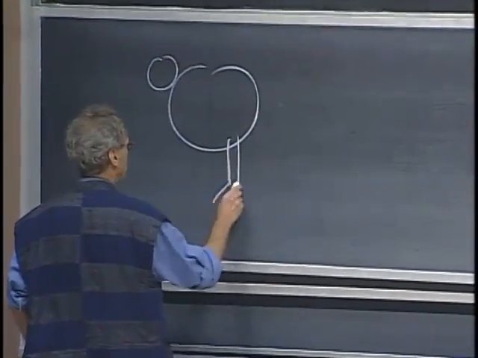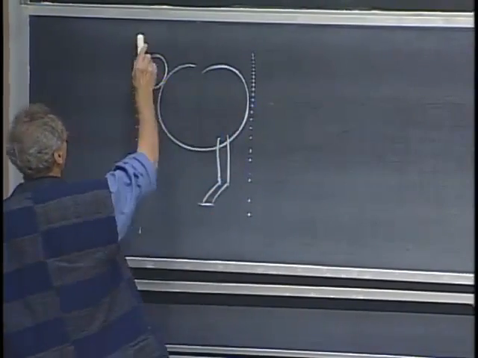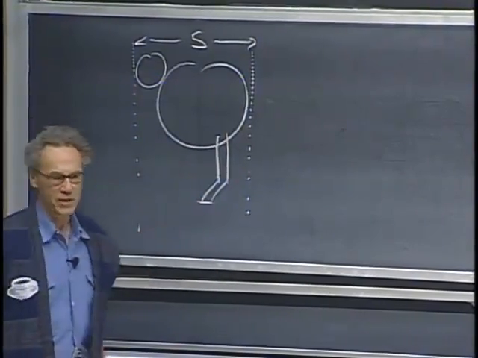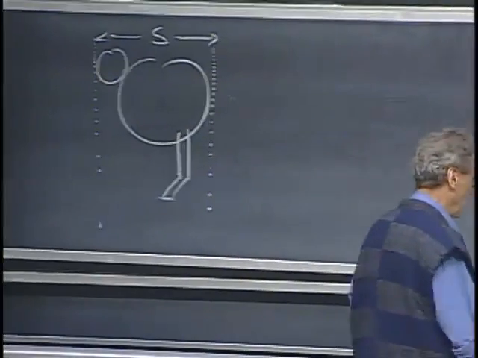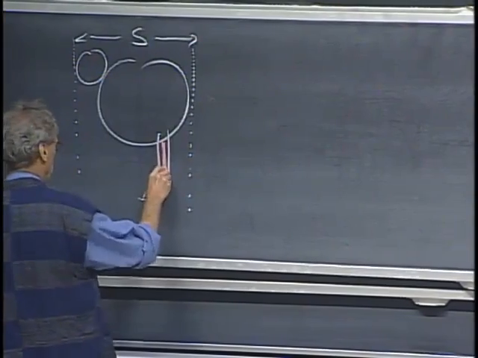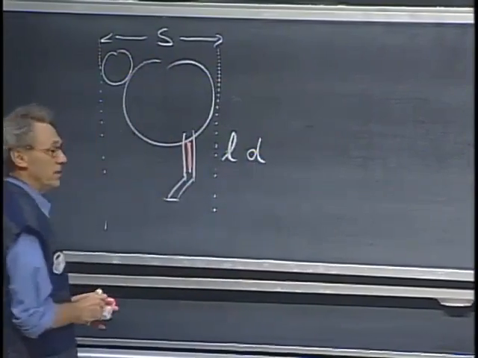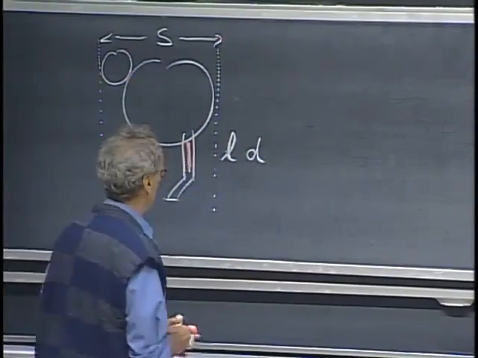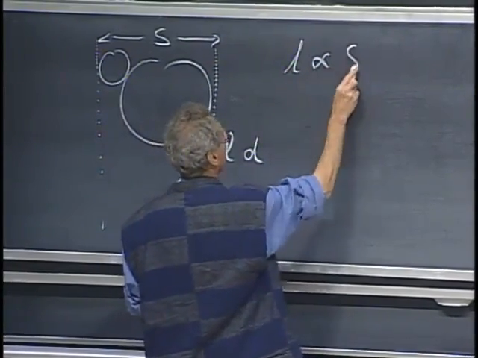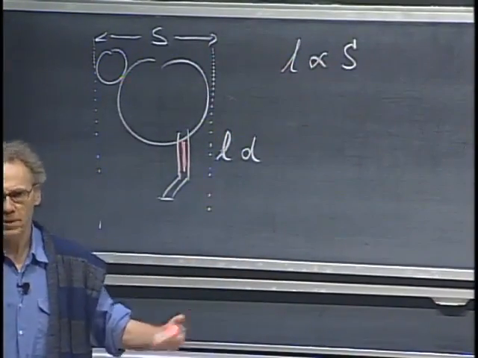The animal has legs, and we defined the overall size of the animal as S. And then we said, well, there is here the femur, and the femur has length L and thickness D. It was completely reasonable to say that L will have to be proportional to S. If an animal is 10 times larger than another, its legs will be typically 10 times longer.